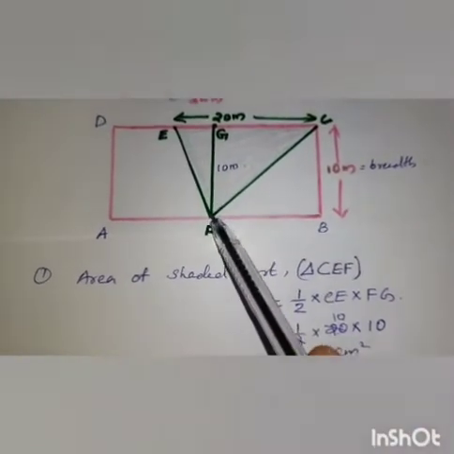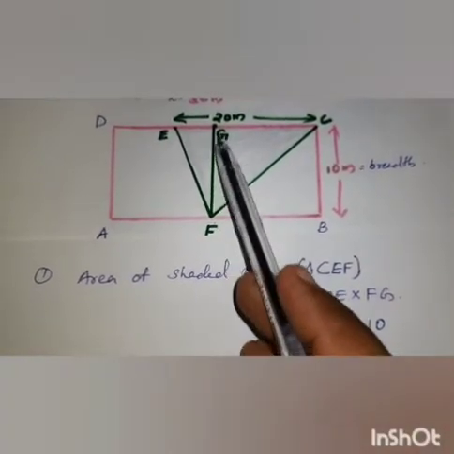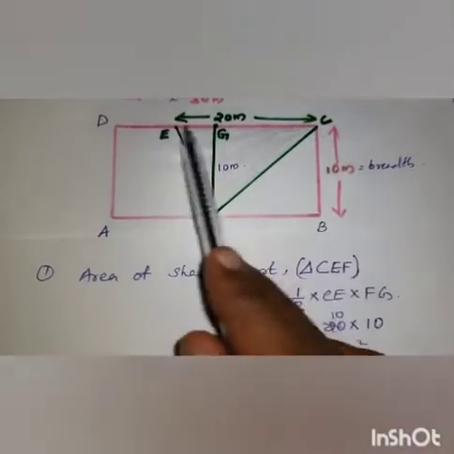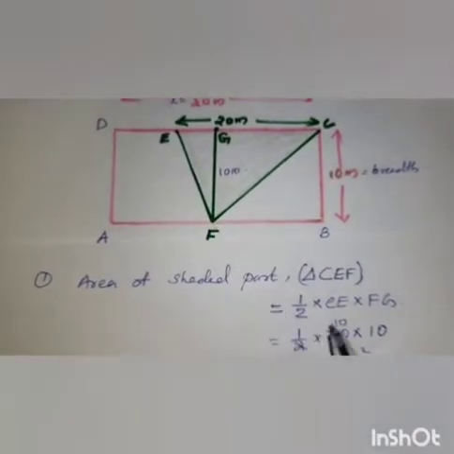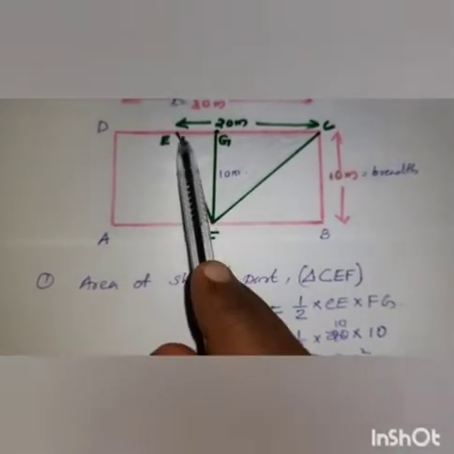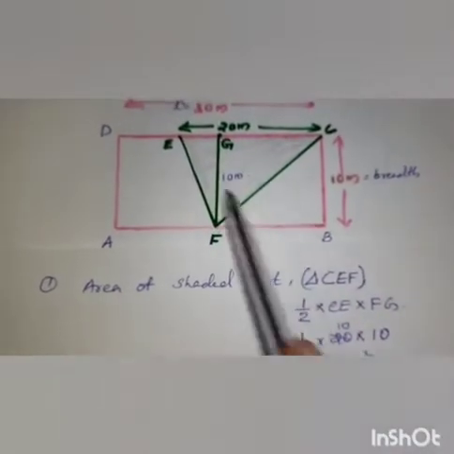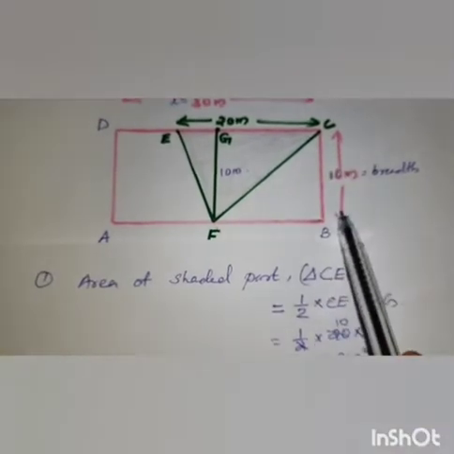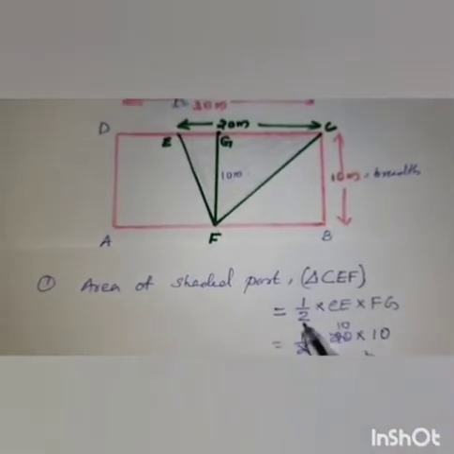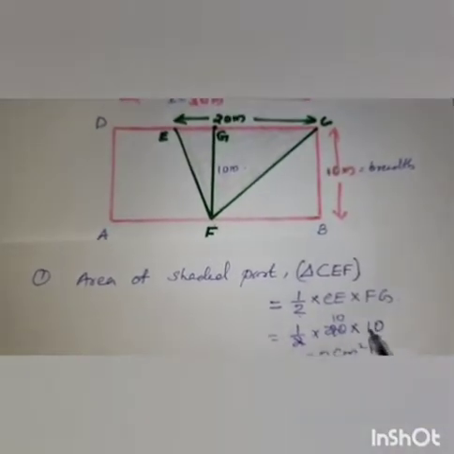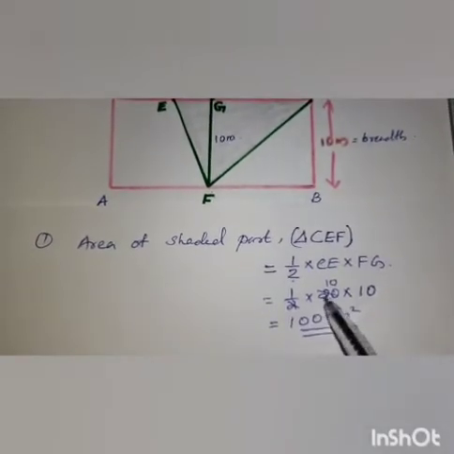So first you have to draw a perpendicular, then find out the area of triangle CEF. Area is equal to half into base length into perpendicular height. The perpendicular height is same as the breadth of the rectangle. So half into 20 into 10. 2 into 20 by 2 is 10.